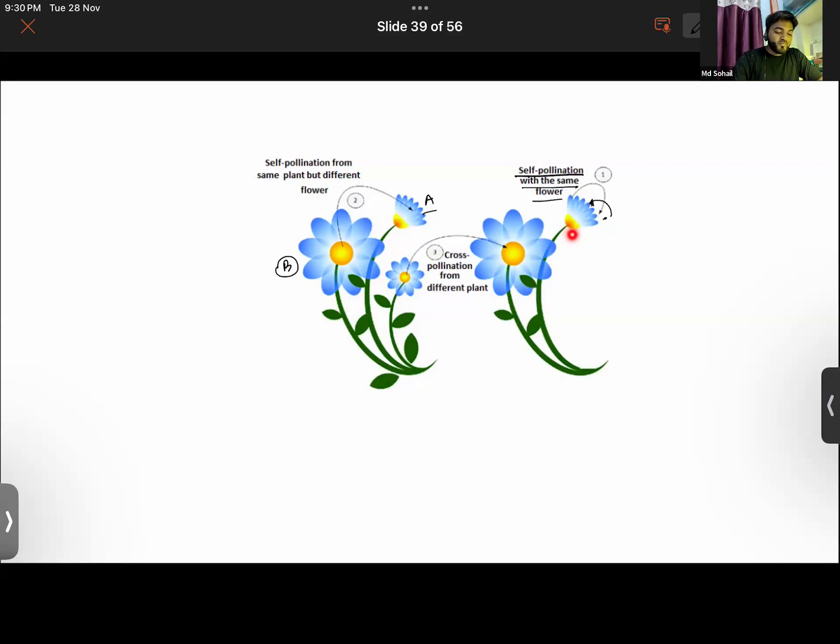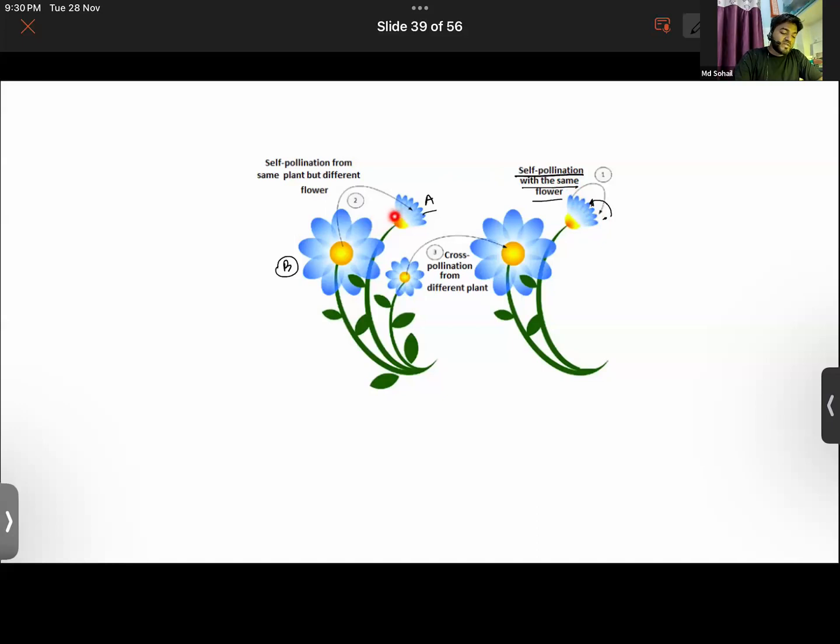So look over here, Sundar. You have this plant over here, right? And look at this flower. If the pollen grains from the anther of this flower were to transfer to the stigma of this very same flower, that is a type of self pollination where the transfer of pollen grain is happening within the same flower.